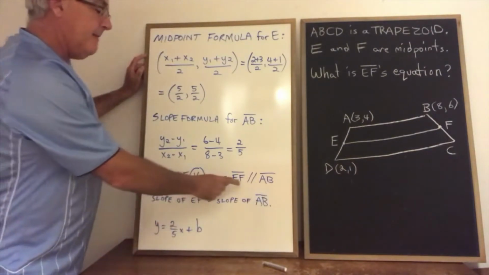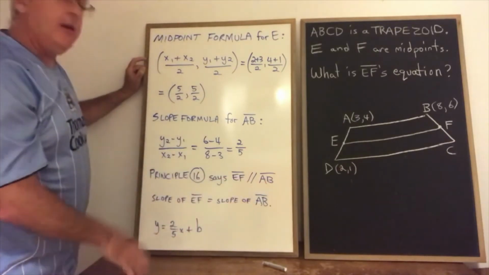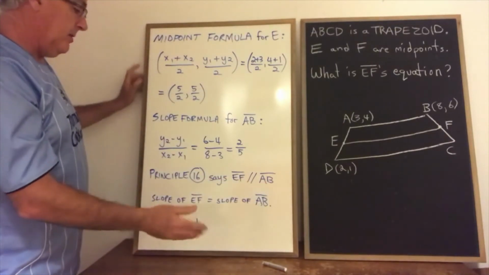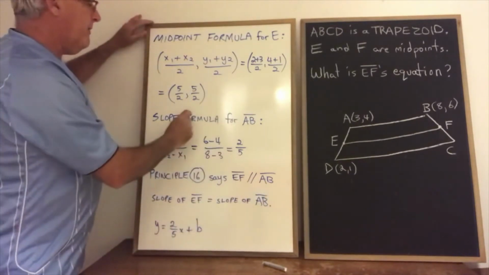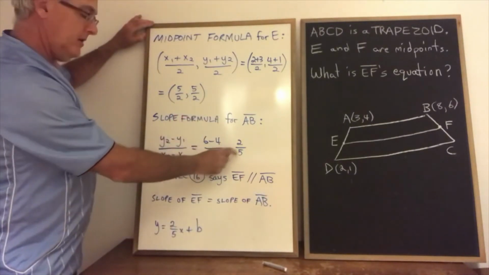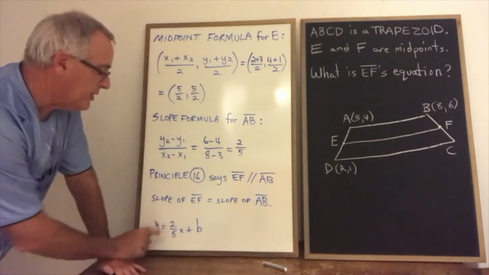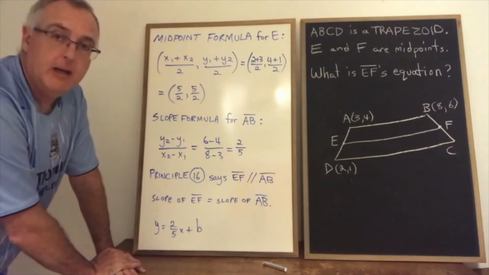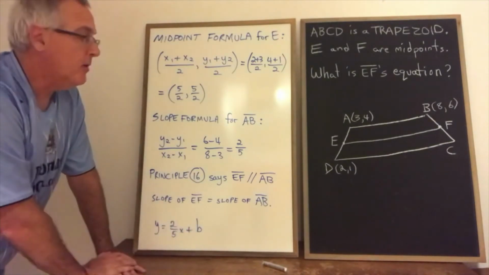It means that segment EF has to be parallel to segment AB, therefore they have to have the same slope. The slope of EF will be equal to the slope of AB. We already found the slope of AB is 2/5. That means that EF has a slope of 2/5, and its equation is y equals 2/5 x plus b. We just need to find the y-intercept for EF, and we'll have the equation.